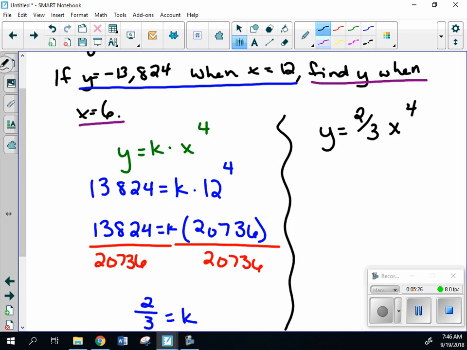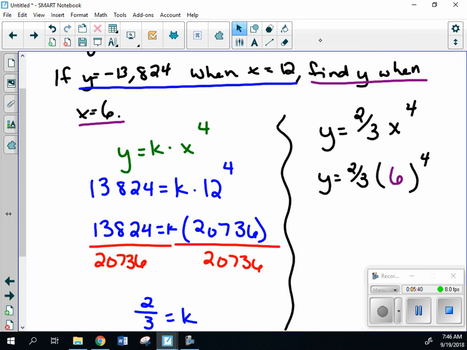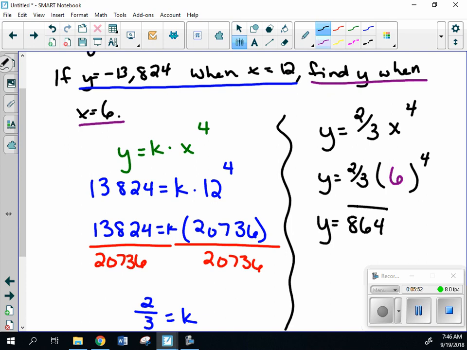Now we're going to plug in 6 into the x spot in order to calculate the y. And this is just something that you can plug right into your calculator. You don't need to show me step by step what you're doing. I kind of have an idea of what you're going to be doing there. So looking at this then, y equals 864.